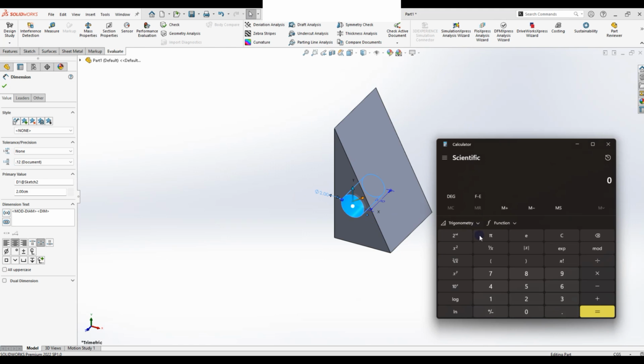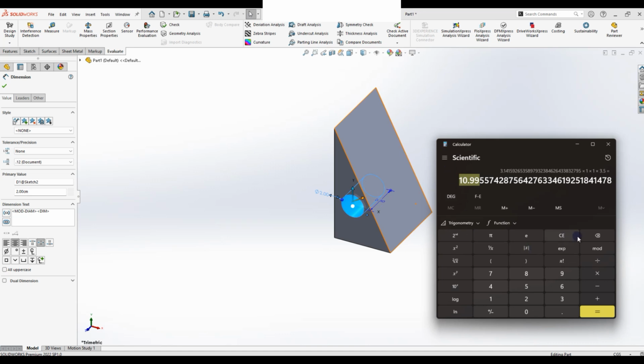So pi into 1 into again 1 into length 3.5 we gave, see here. So this total is 7 centimeter, we have given half of the cylinder. That is 3.5 into 3.5. So we got 10.99, around 11 centimeter cube, the cylinder cutout volume.